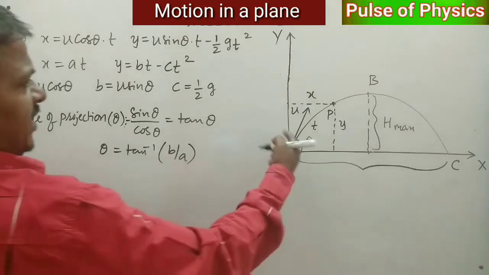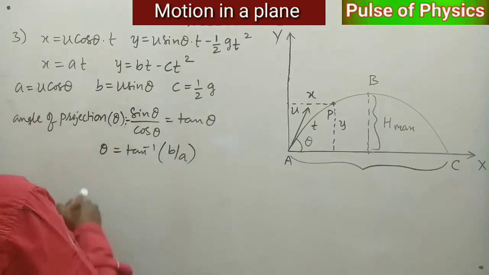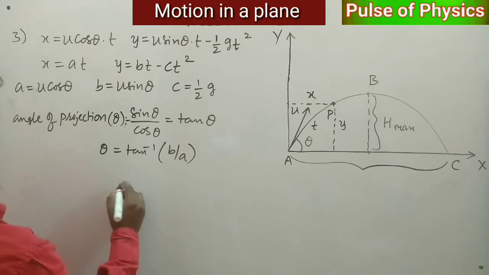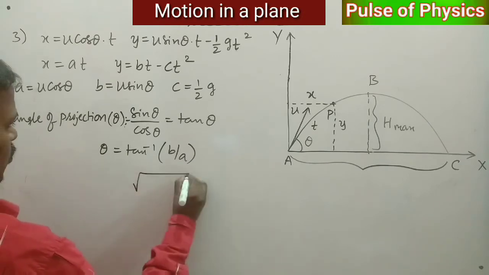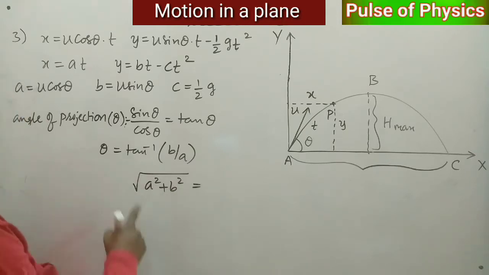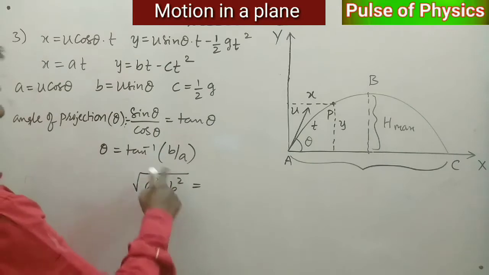I want to find the initial velocity in terms of a and b. a is u cos theta, b is u sin theta. I am finding root over a square plus b square. What will we get? Under root, u square cos square theta plus u square sin square theta.